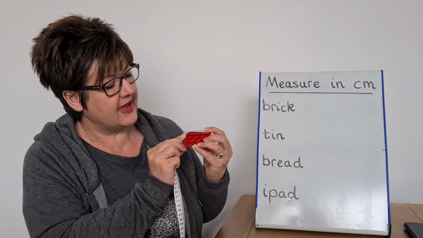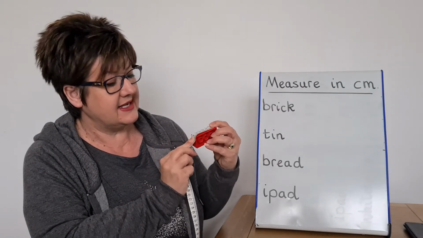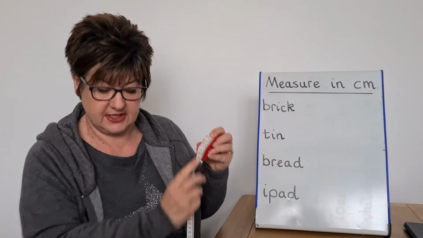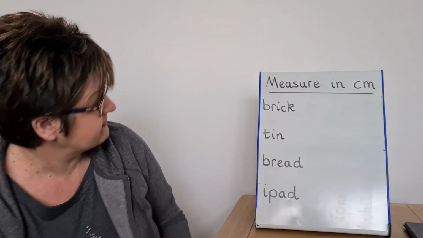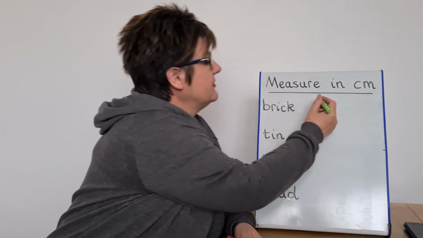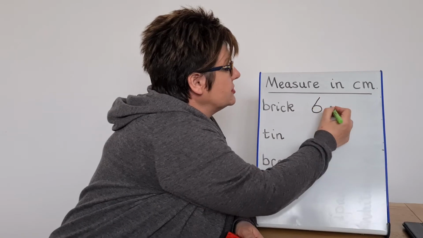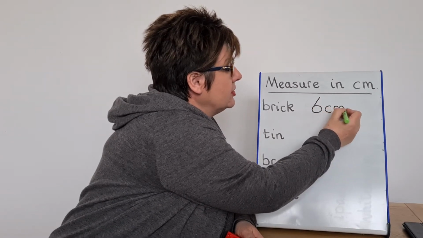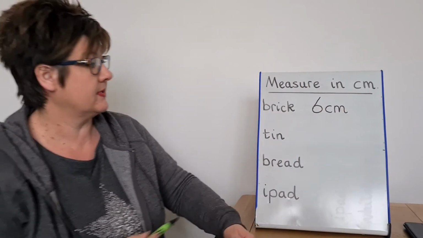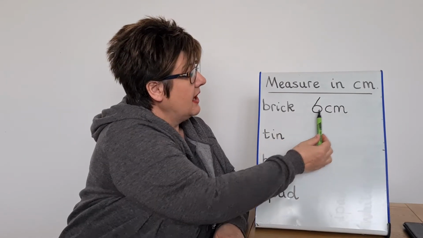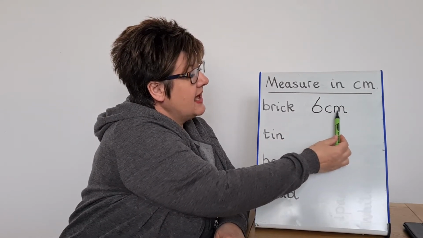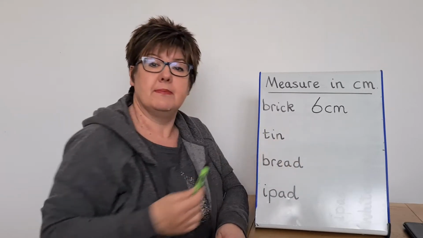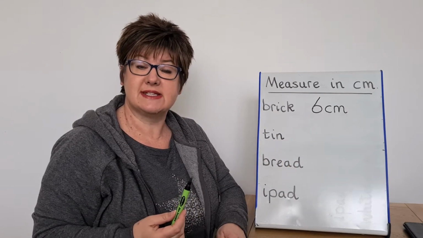The number at the end of the Duplo brick is 6 centimetres. So I'm going to write that down. I know some of you were really good at writing down your measuring activities already this week. So I've put 6, and then the two letters there, the C and the M, are the way that we write centimetres.